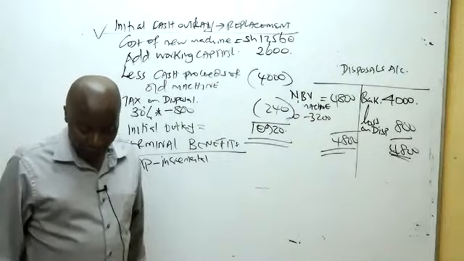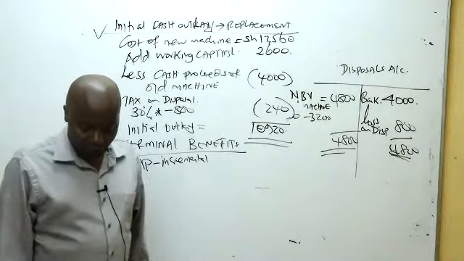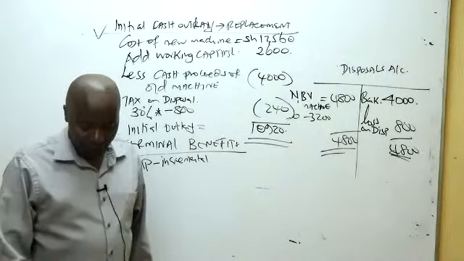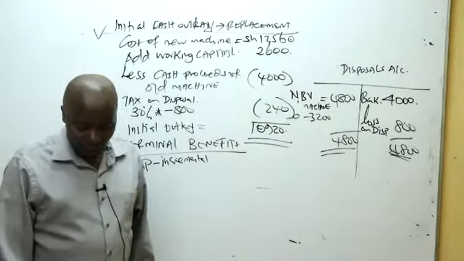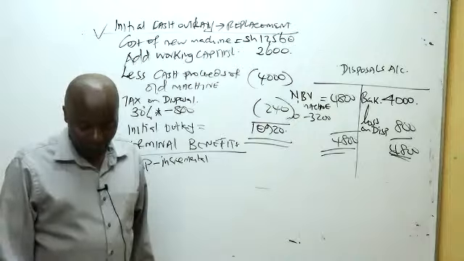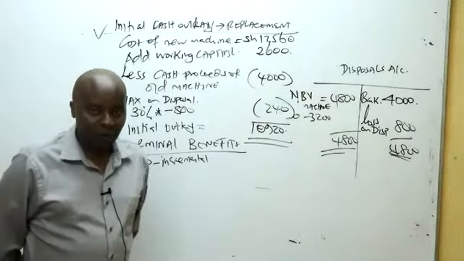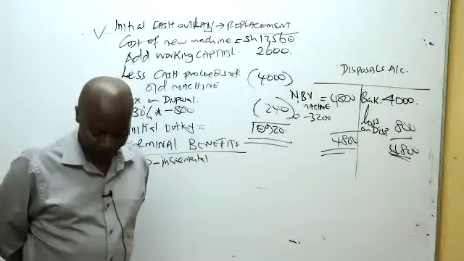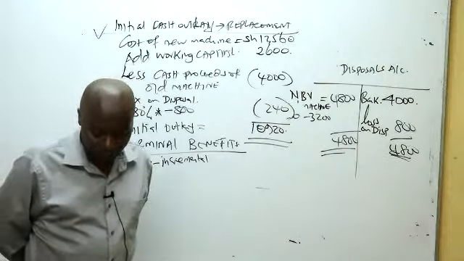Remember they told us that the new machine is expected to cost how much? 12.56 million with a salvage value of 4 million at the end of its useful life of 5 years.